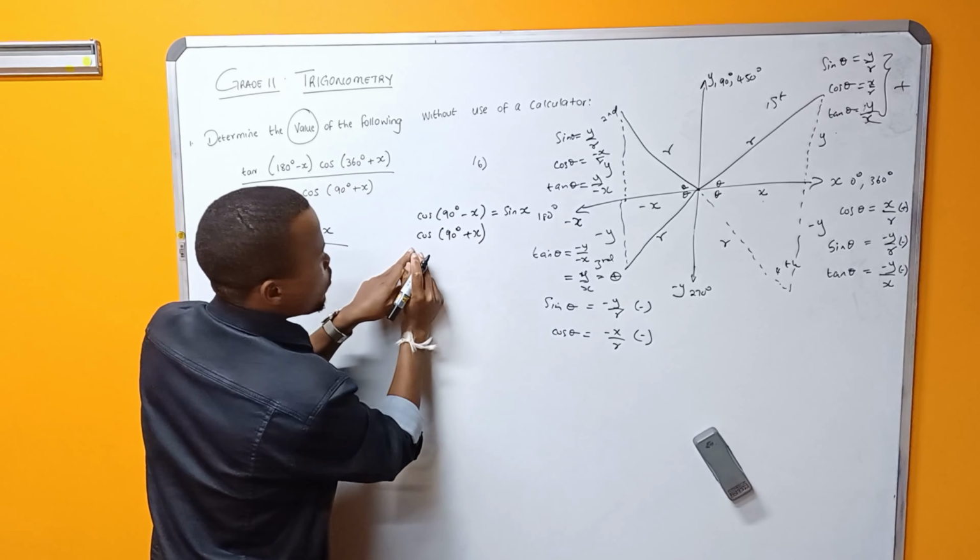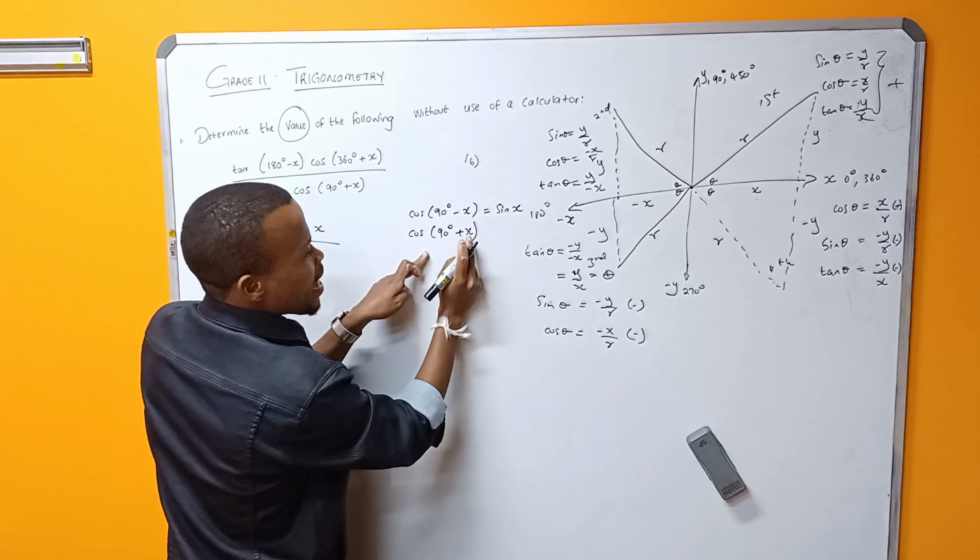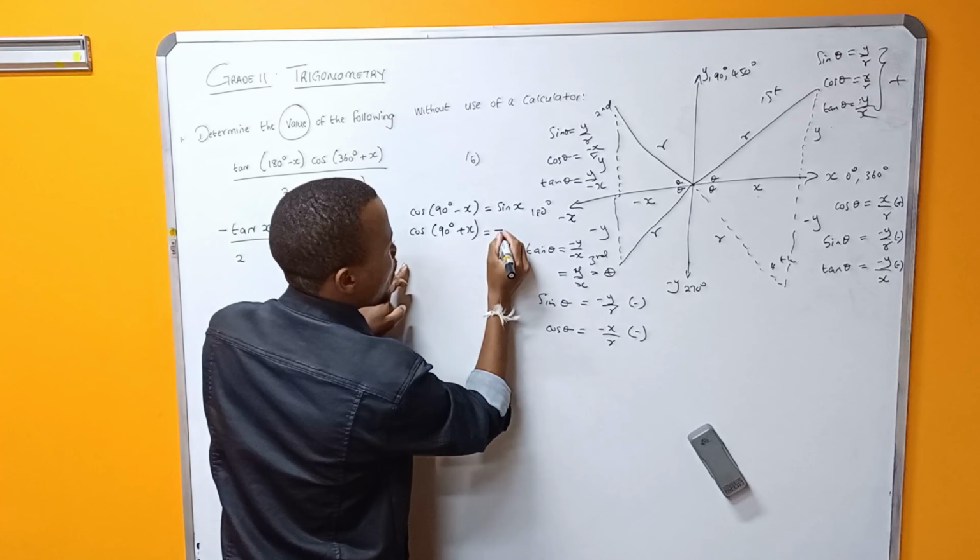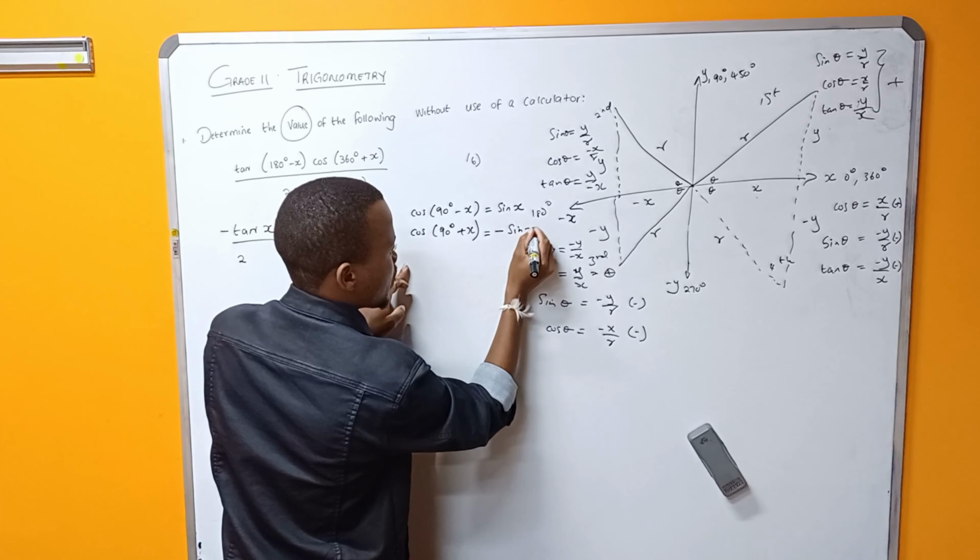So cos of 90 plus x will be equal to minus sine x.